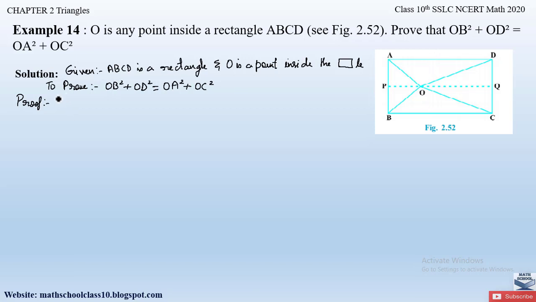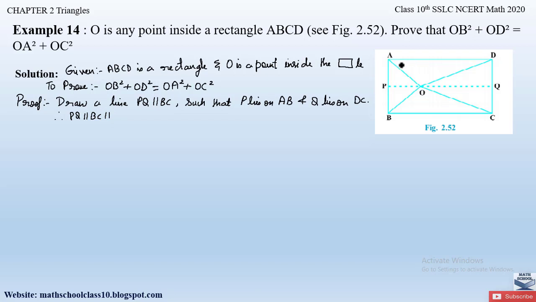So write down: draw a line PQ parallel to BC such that P lies on AB and Q lies on DC. Therefore we will have PQ parallel to BC and that is parallel to AD.